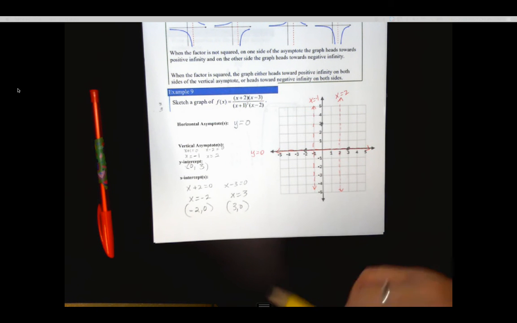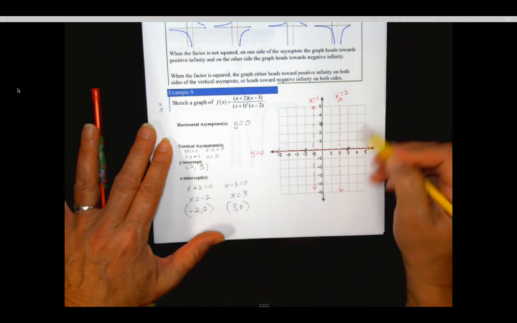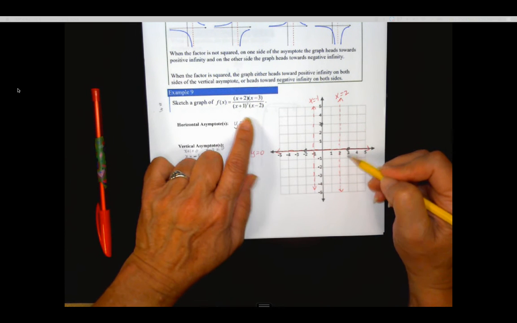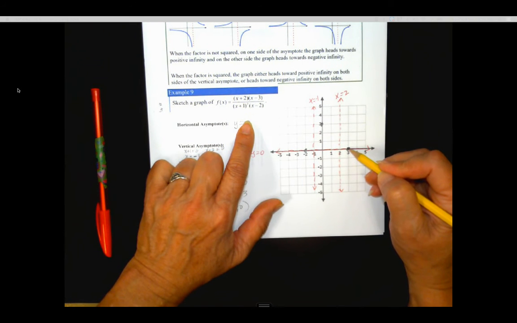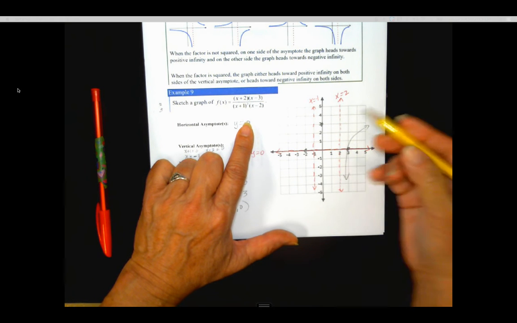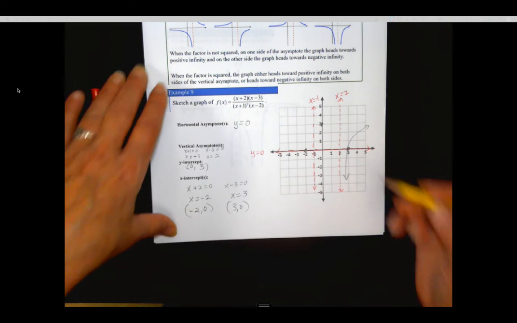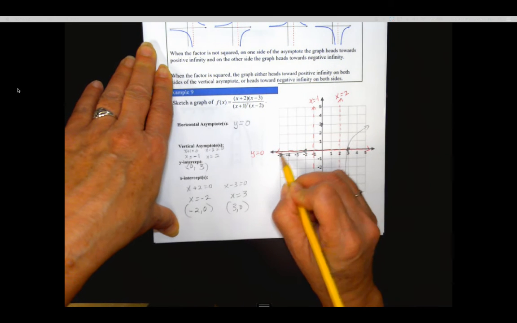So I could look at the end behavior, as x gets larger, what happens to this whole graph. And so that's where you would just find extra points, and you can use your calculator for that. I'm just going to go ahead and draw this in so that you can see what this kind of looks like. So this kind of goes this way.